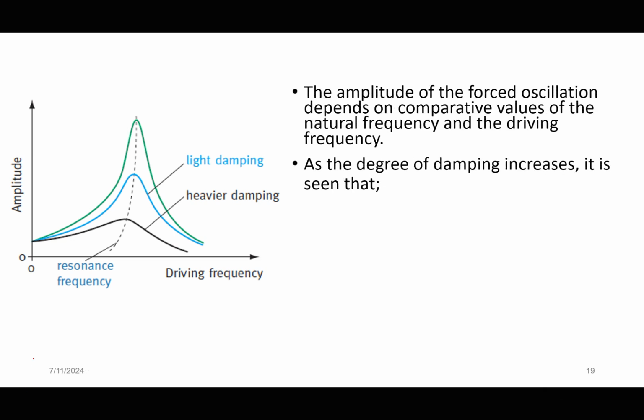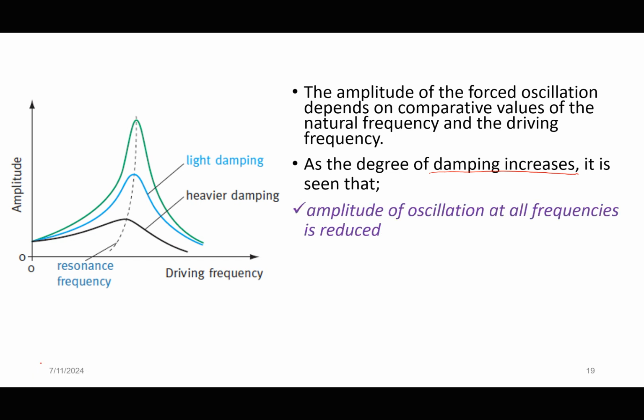So first of all, if there was light damping, this is what we would expect. One, the amplitude of the oscillation depends on the comparative values of the natural frequency and the driving frequency. As the degree of damping increases, number one, the amplitude of oscillation at all frequencies is going to be reduced, because remember, damping results in loss of energy, and energy is directly proportional to x naught squared.